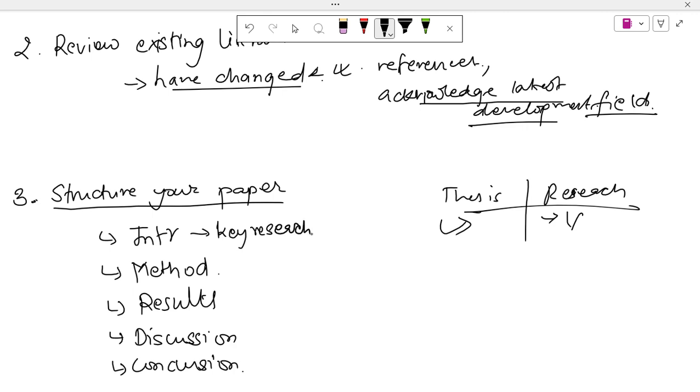at the last. But before that it dwells into the literature and background.